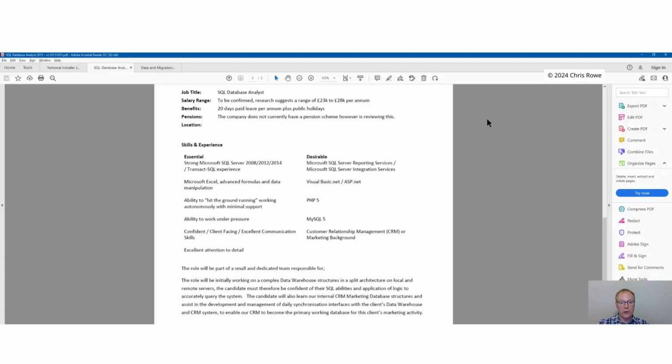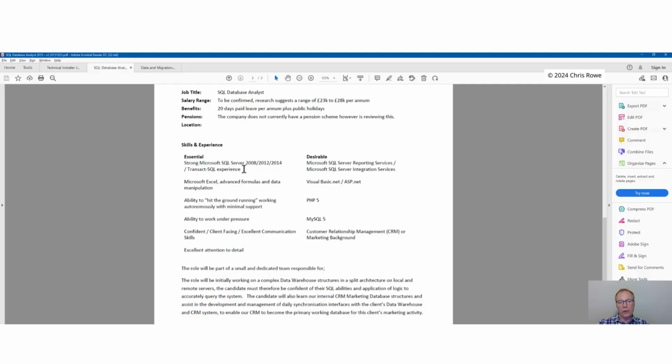Now, skills and experience: they were after strong Microsoft SQL Server qualifications and Transact SQL experience. I had a smidgen of experience in these areas, having learnt SQL Server 2008 and maybe touching on 2012, and a tiny bit of Transact SQL experience.